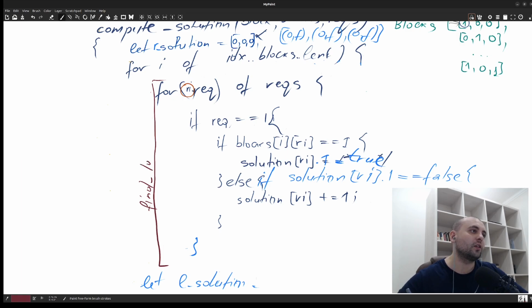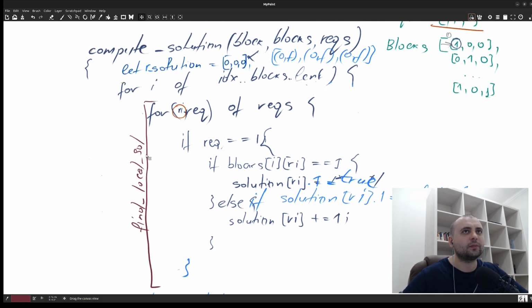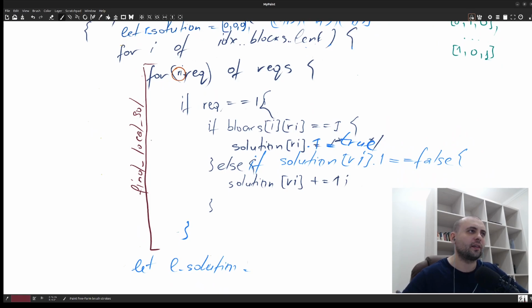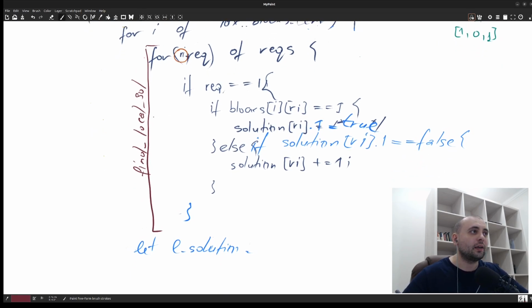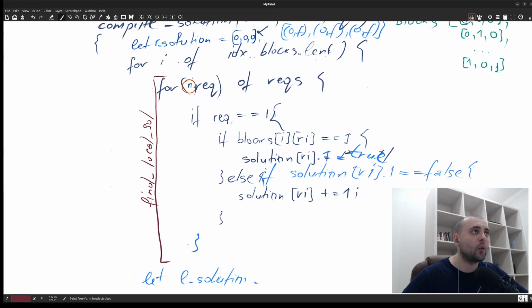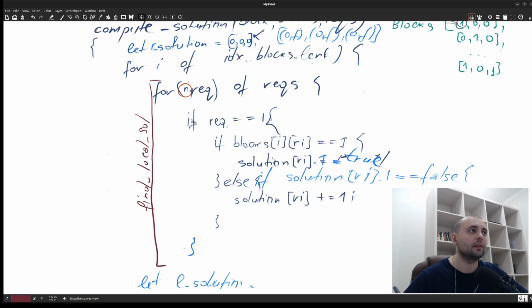Find local solution. Yeah, it's not the right name for sure. Probably we'll need to find a better name for it, because this will be pretty much the same function. The single difference will be how we iterate through our blocks. So the range will be different. So that's pretty much it.